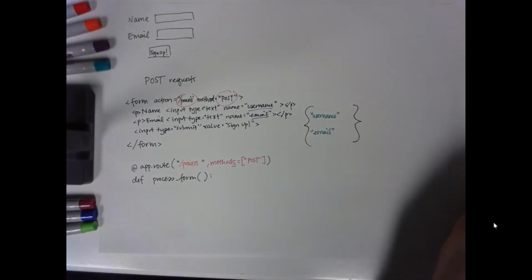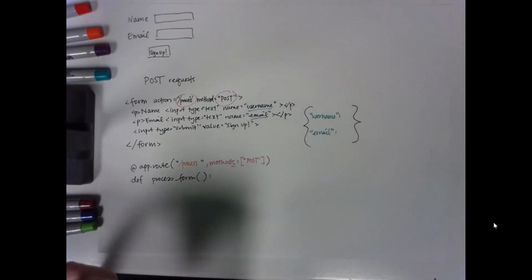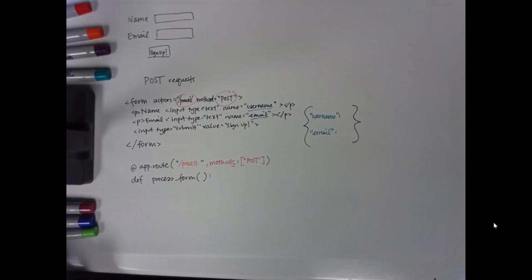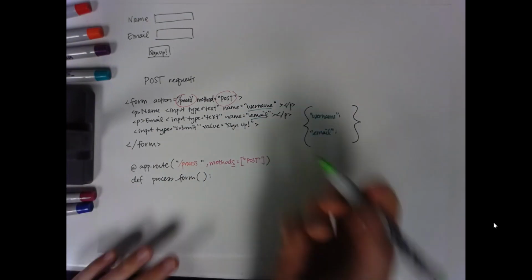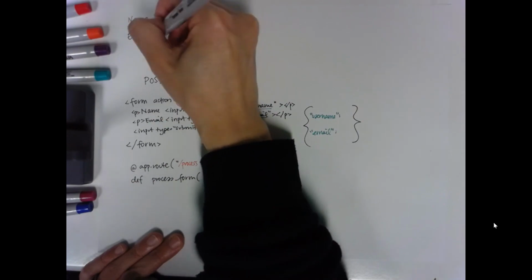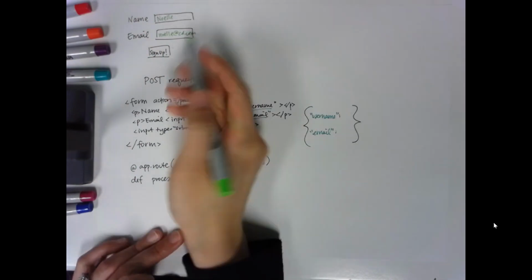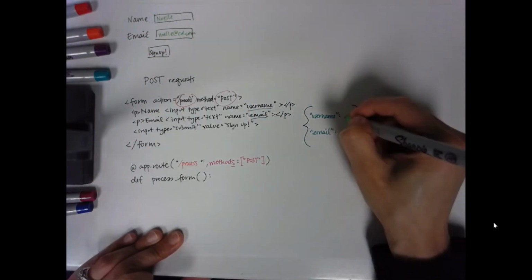And whatever the user typed in, so say for example, the user typed in noel@cd.com. So if that's what I typed in, those are the values that are going to come over here.